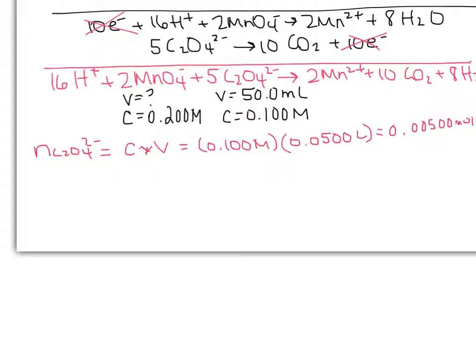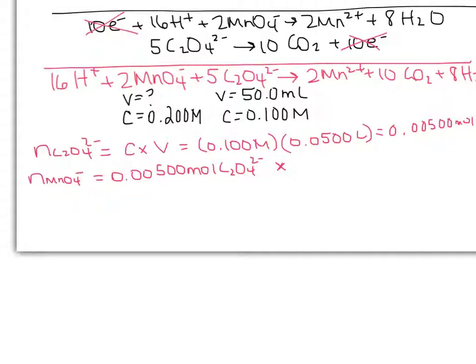Now that we have the number of moles of C2O4 2 negative, we can find the number of moles of MnO4 using our mole to mole ratio. If you can't remember what that is, the number of moles required is equal to the number of moles given times the coefficient of the required over the coefficient of the given. So we have 0.00500 moles of C2O4 2 negative times the coefficient of the required.